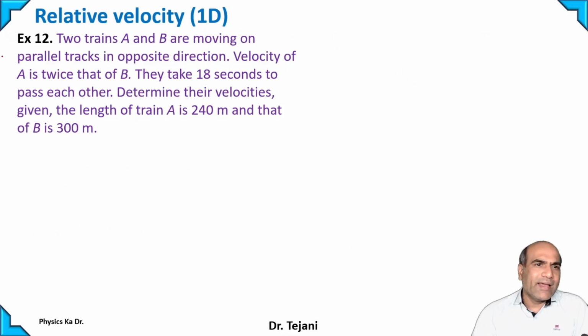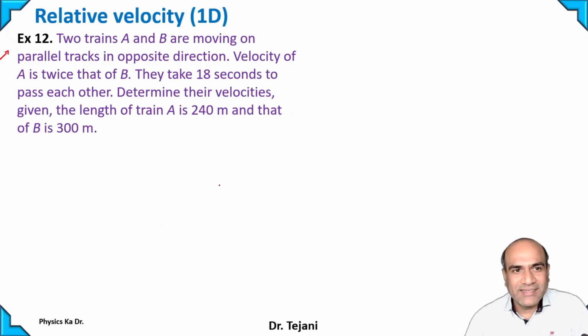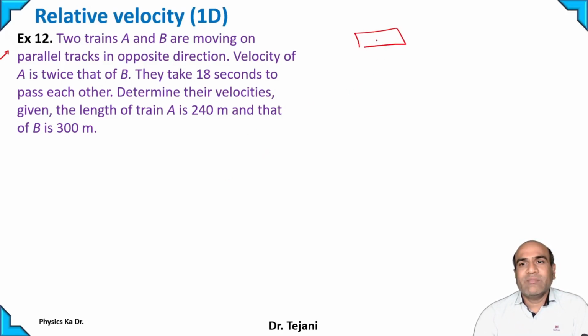Let's have example number 12. So pause the video and you should solve this now. Do it. So I will mention two trains A and B. Trains A and B are moving on parallel tracks in the opposite direction. A train is moving in this direction and another train B is moving in the opposite direction. Velocity VA is twice of VB.